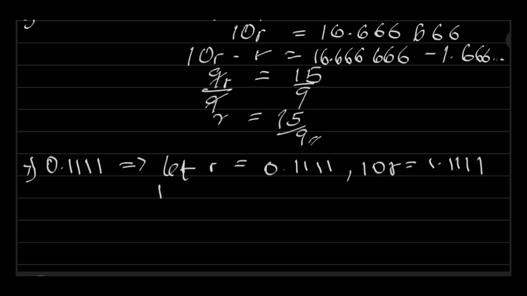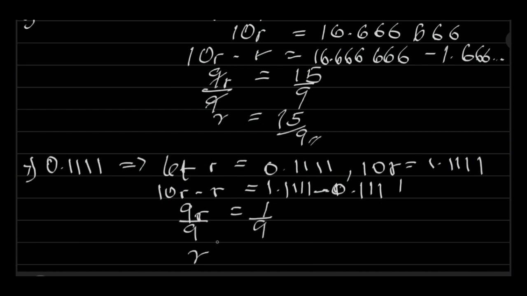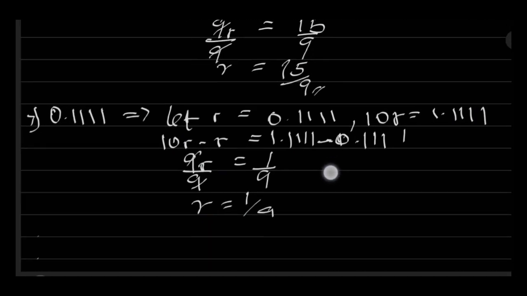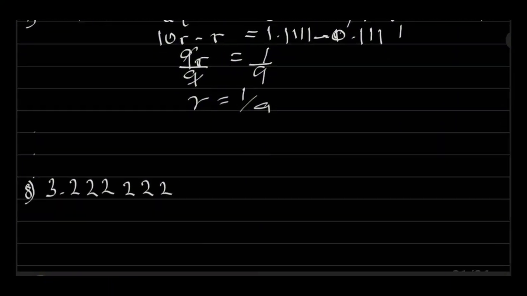So we are going to have 10r minus r equals 1.1111 minus 0.1111. So we are going to have 9r here equals, after the subtraction, we'll be left with 1. Now we divide both sides by 9, and r will be equal to 1/9. So 1/9 gave us the 0.11111.